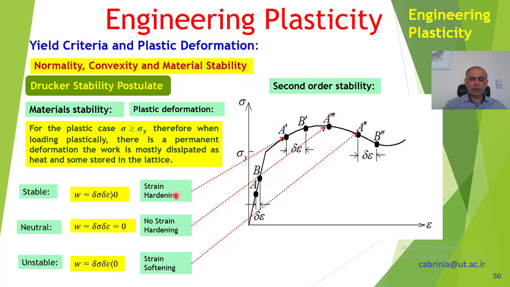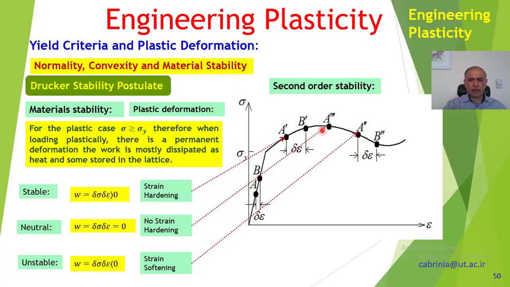So it means that as you move along the curve, you have to apply more sigma, because this delta sigma delta epsilon is greater than 0. Okay, so that's what we call the strain hardening. The material becomes harder as we go along the path.